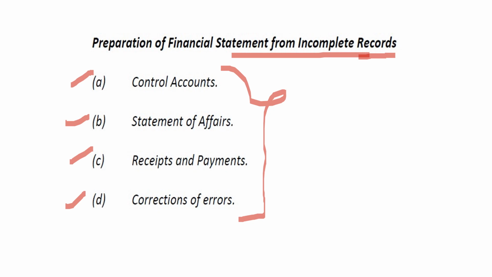Okay, so you're not going to get the figures in the trial balance form and asked to write up financial statements. You are to deduce the figures from these items. Okay, so look out for questions like that.